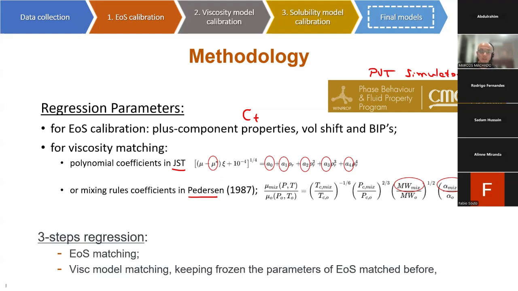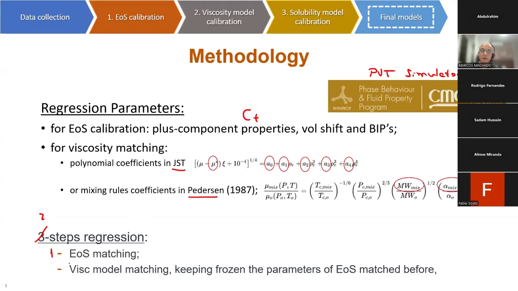So we'll do this. Here are two steps. The third step is solubility, but it's not included yet. So here are two steps for a while because we are dealing only with PVT data and viscosity data. The first step is to perform the equation of state matching.